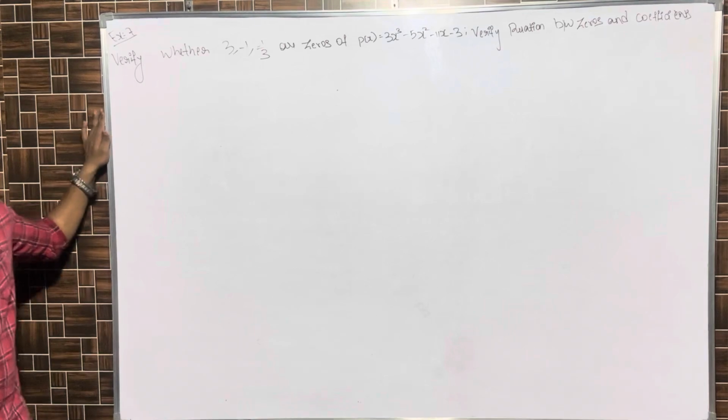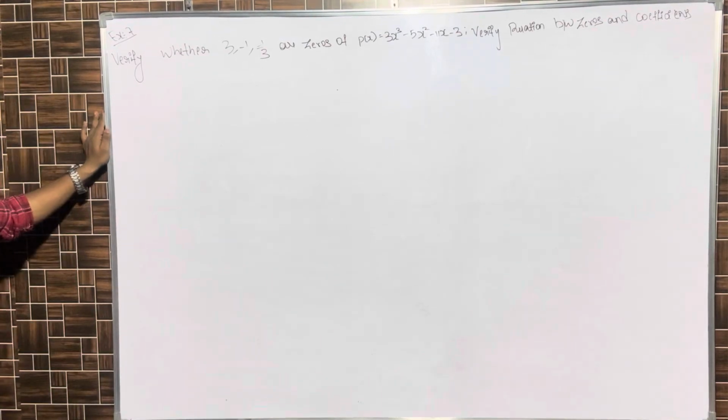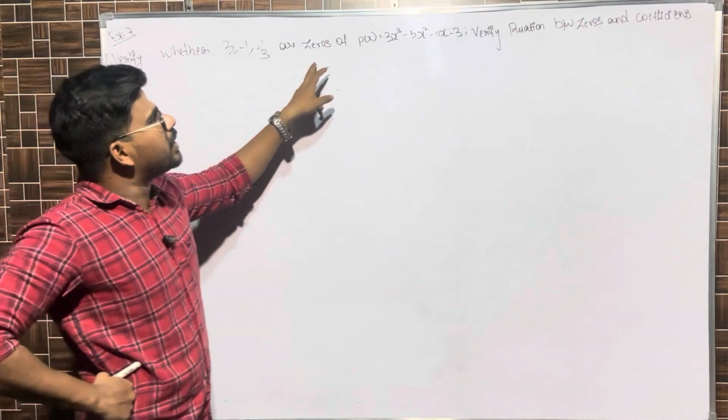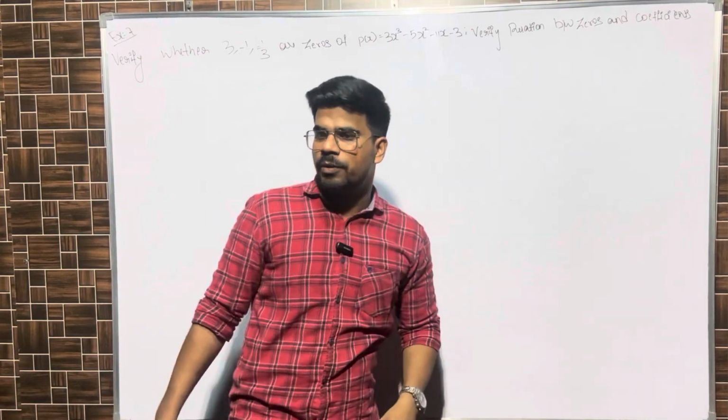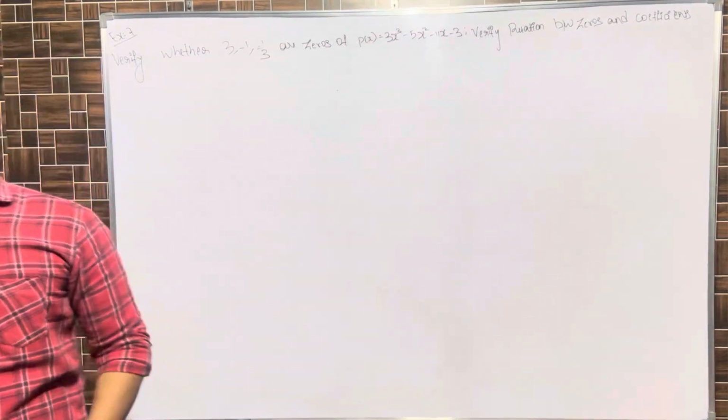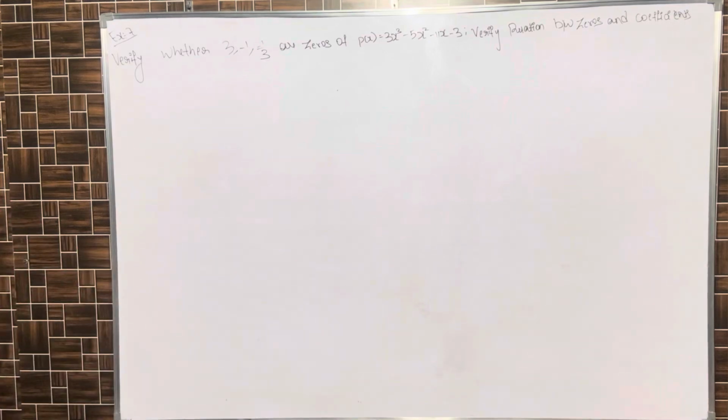Another similar question. We have to verify whether 3, minus 1 and minus 1 by 3 are zeros of the polynomial and find the relation between zeros and coefficients. Coefficients we will directly find by comparing the equation. Coefficients are a, b, c, d.